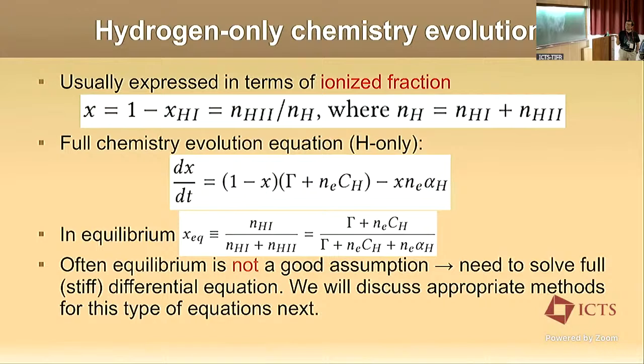But you need to remember that the number density of electrons also depends on x, because that's where the electrons come from. They come from ionizing hydrogen. So in order to have an electron, you need to ionize some hydrogen atom somewhere. This means that Ne is also dependent on x, so this whole thing is nonlinear. And not only nonlinear, but it's actually a so-called stiff equation. Stiff equations are hard to solve.